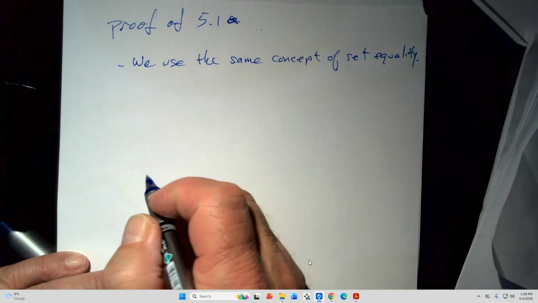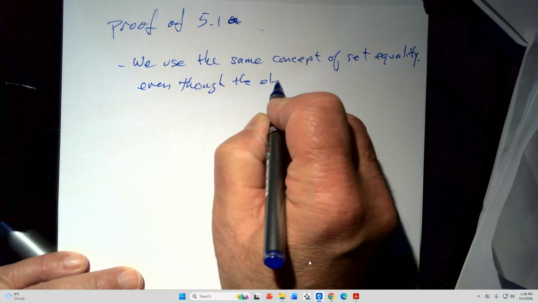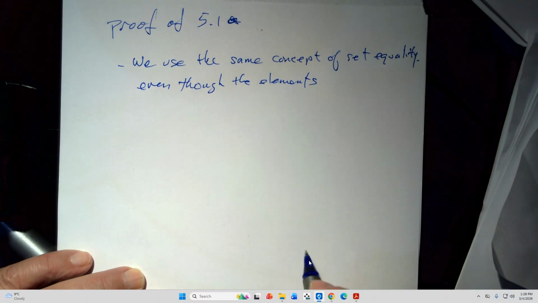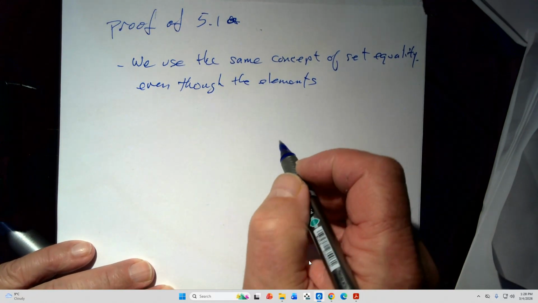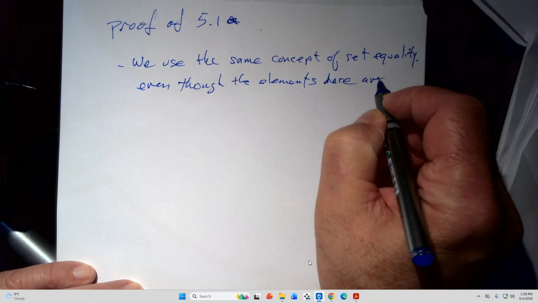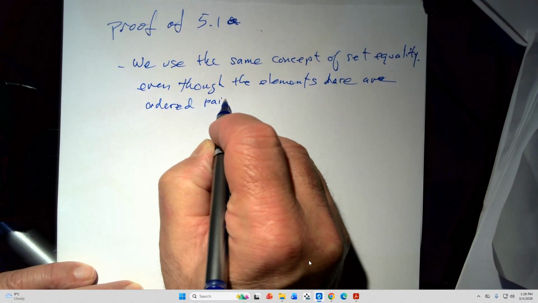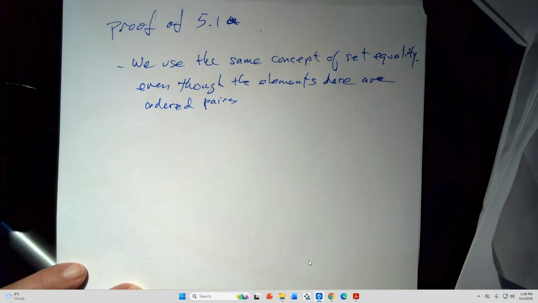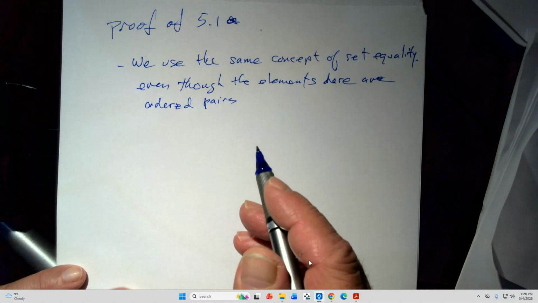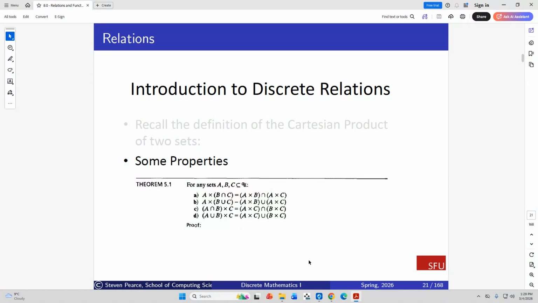Even though the elements here are ordered pairs, as you've seen already, they're still sets, and so we can manipulate them as in these. Let's just make sure we remember what we're doing. You can see here we're mixing the Cartesian product with our normal operations of intersection and union.